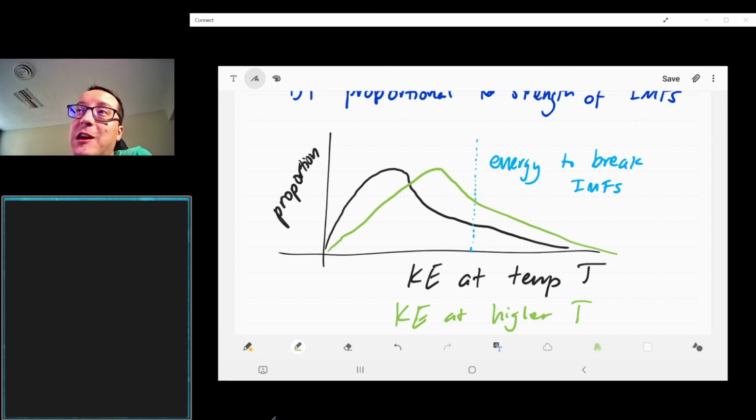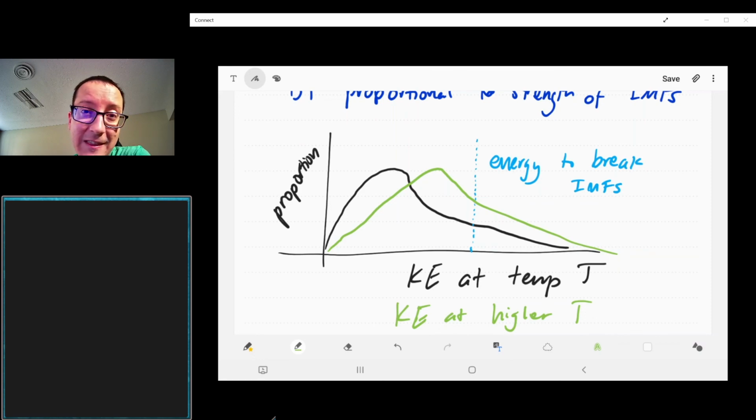And so as we go with higher temperature, we have more molecules that have higher kinetic energy, and those are going to be more likely to break out of their intermolecular forces. And eventually, if we keep increasing our temperature, we're going to completely break all of our intermolecular forces. At that point, we'll have reached the boiling point. So we have enough energy where all the molecules basically have sufficient energy to get out of there.